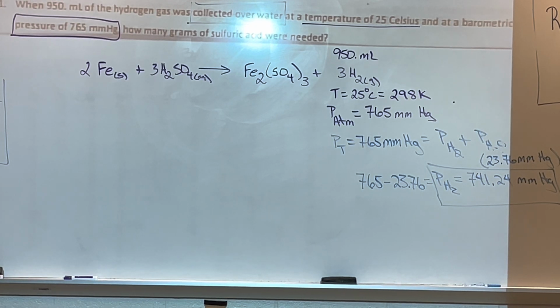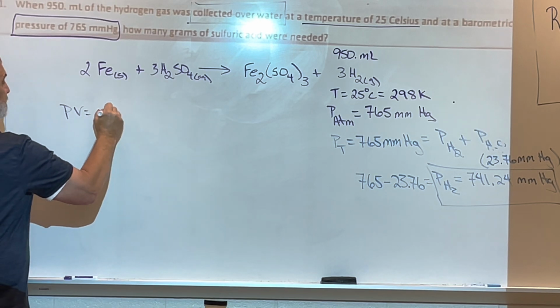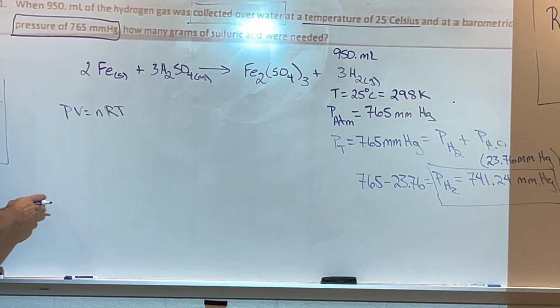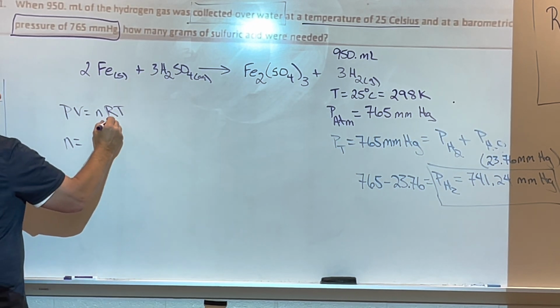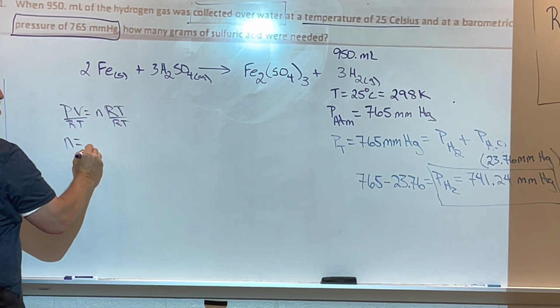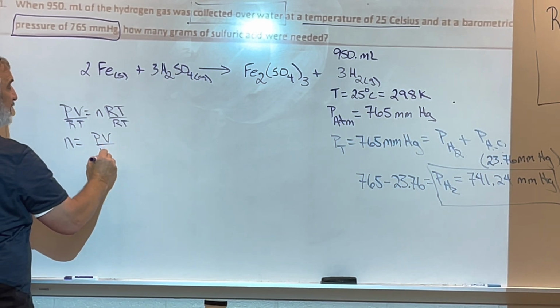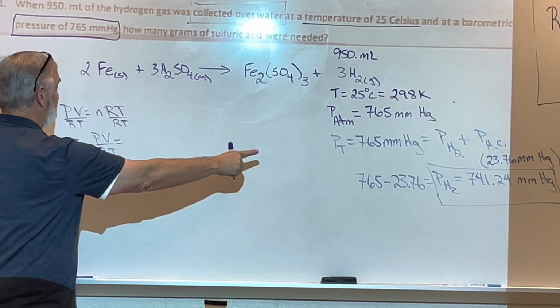Well, I have to use PV equals nRT. Now I like to rearrange. What's n going to equal? I divide both sides by RT. n is going to equal PV over RT.